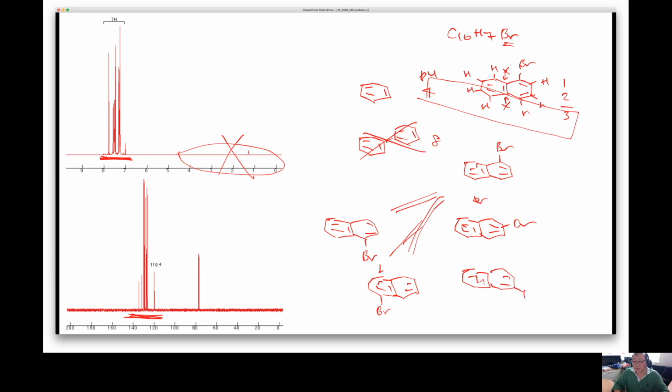This one is the same as the other one, right? Also potentially there, also potentially there. So there's only two possible structural isomers. You can come up with this. But which one it is, we don't know. This NMR spectrum cannot tell us which one is the right one. But at least we can come up with two possibilities for the answer to this question.